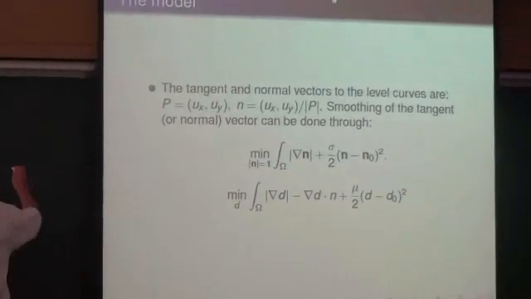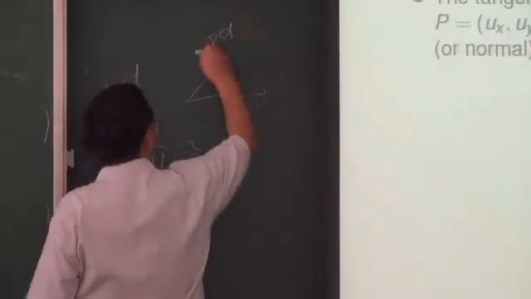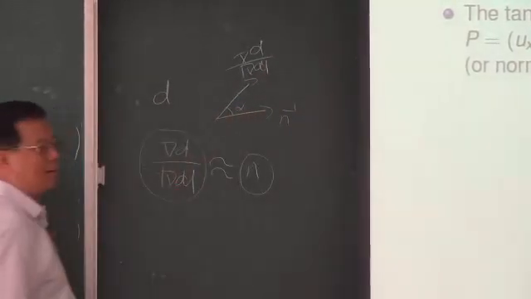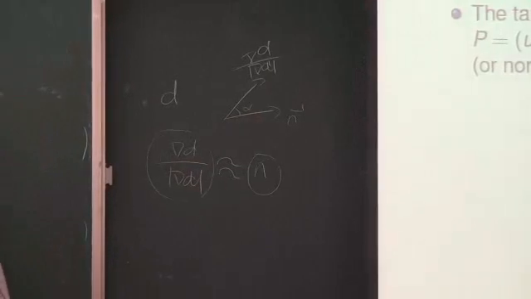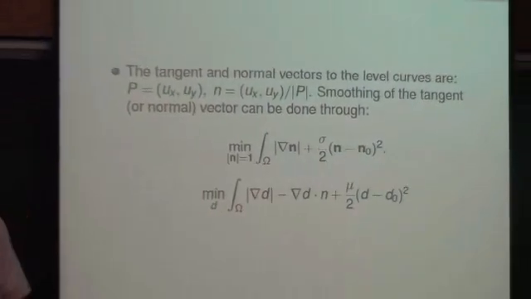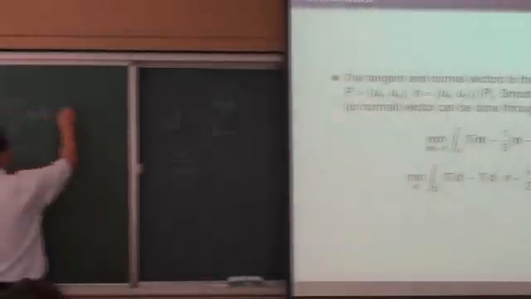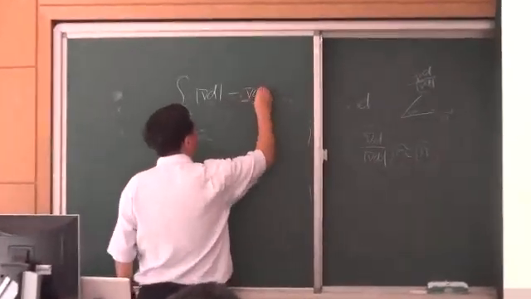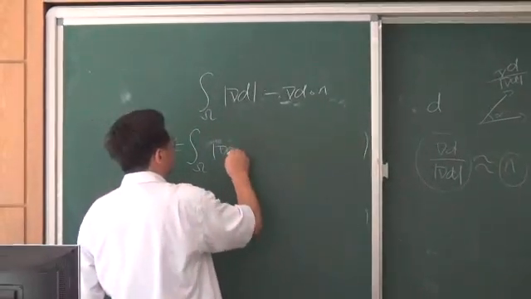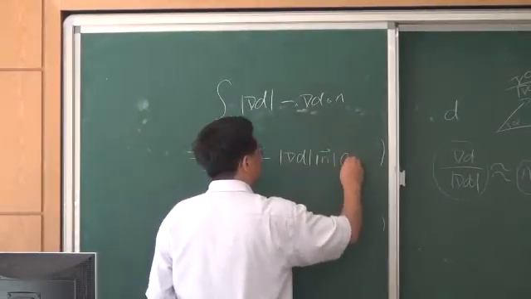Here is the recovered n, and here is the unit normal of the image I'm going to recover. Assume the angle between them is alpha. This term is essentially equal to the norm of gradient D minus the inner product of gradient D with n, which equals the norm of gradient D times one minus cosine alpha.